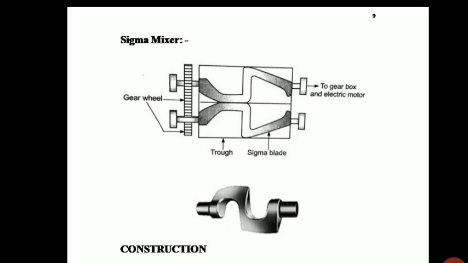See, it looks like the English alphabet Z. So it is a Z-blade mixer. Dough molding compound is a blend of unsaturated polyester resin and fillers. Such blends cannot be satisfactorily produced in other blenders or mixers because of their dough uniformity.